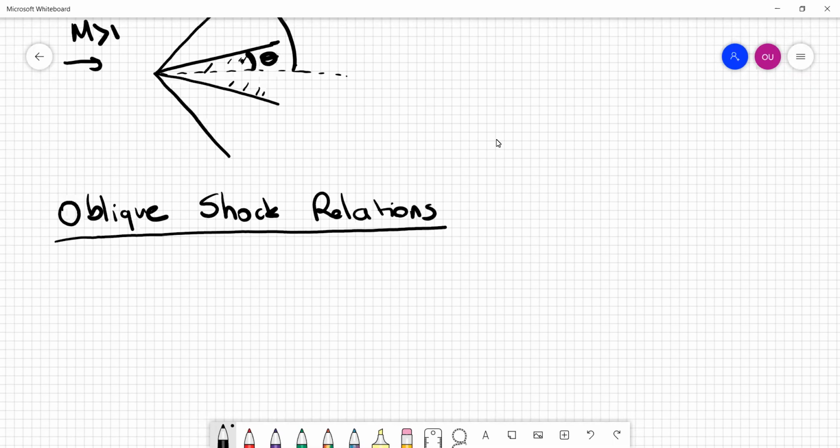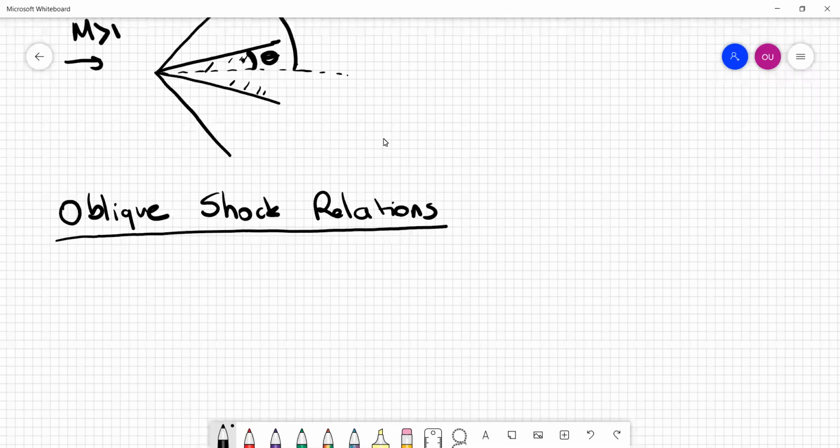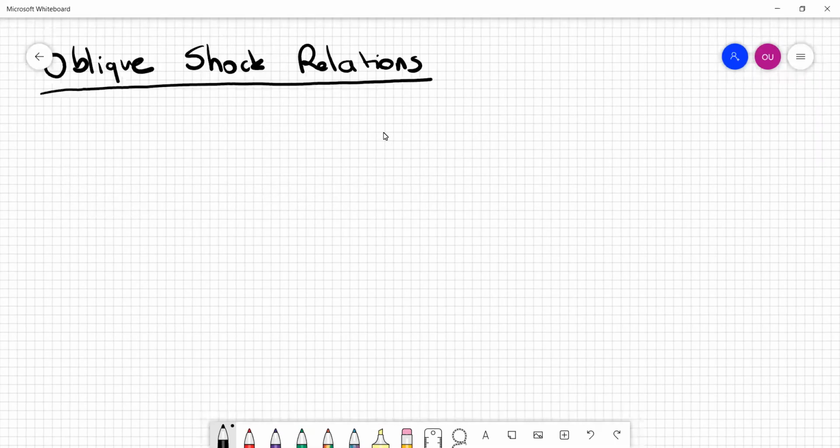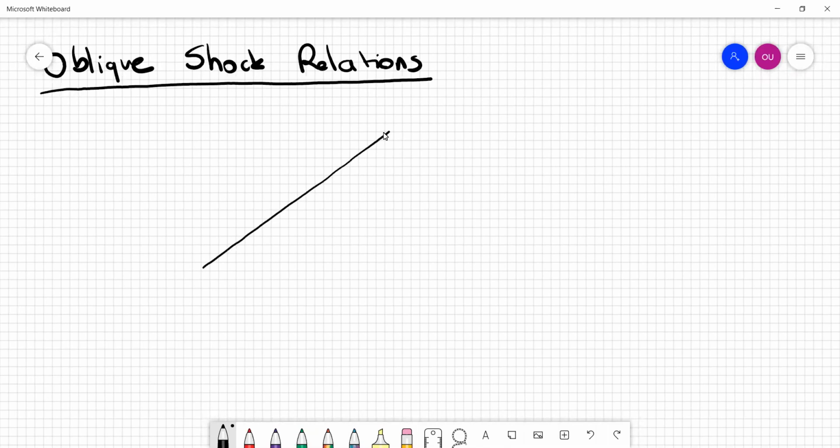Basically, what we're talking about is a shock wave that is sitting at an angle to the free stream. So M1, let's say, is coming in like that.